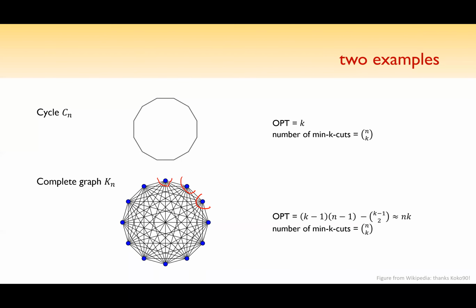And OPT, you can do the calculation, is k minus 1 times the degree, minus the number of edges going between these pieces. Those I'm double counting, so I should add them back in. And the number of minimum cuts is actually n choose k minus 1. So I'm off by 1 out here. It's okay. Good. Now, one thing you'll notice is the number of minimum cuts here is more like n choose k. Okay.